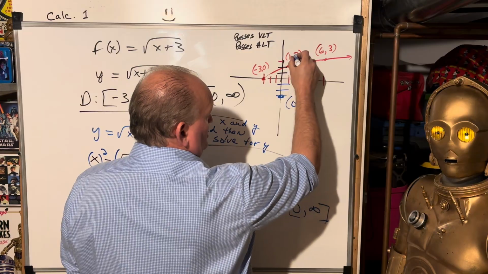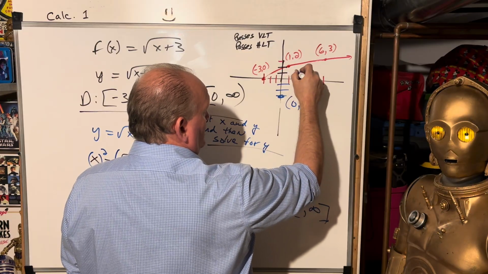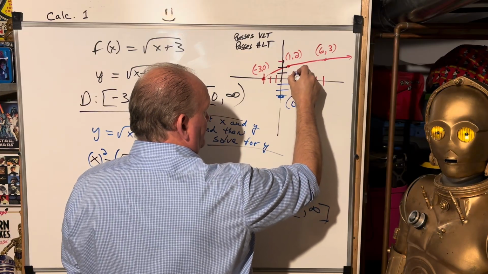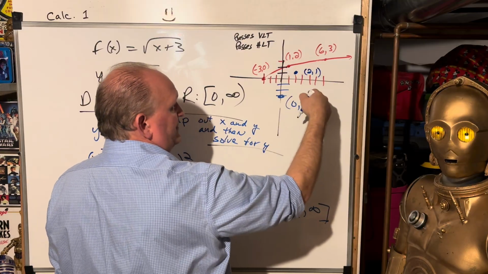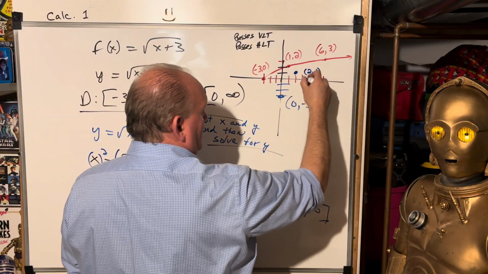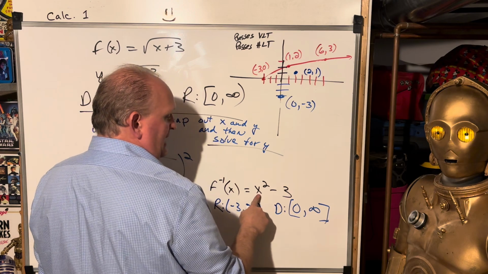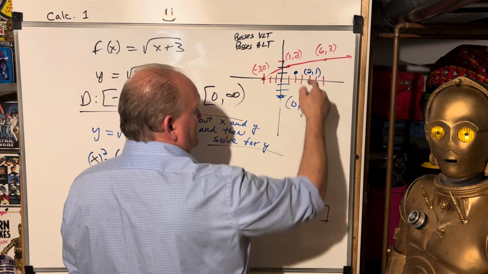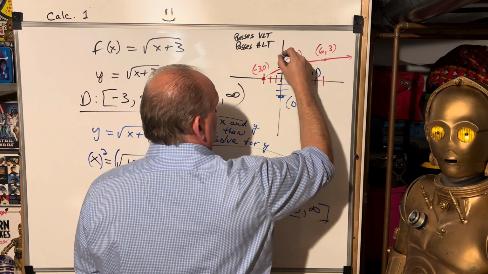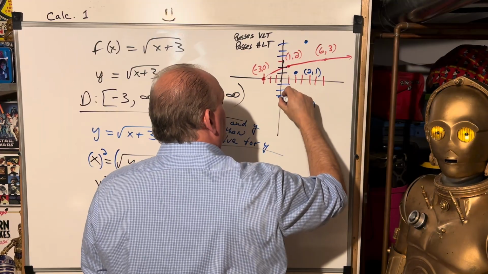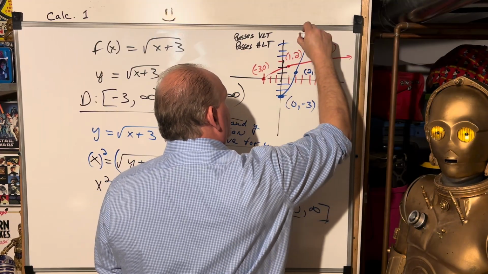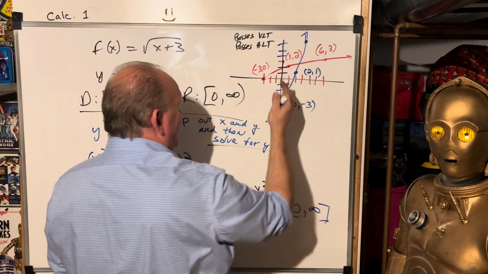So 2 comma 1 is just that flip-flopped around. And then 3 comma 6. If I put a 3 there, that's 9. 9 minus 3 is 6. So 3 comma 1, 2, 3, 4, 5, 6. That's up there. And now I do that graph, but it's only that half of the parabola.